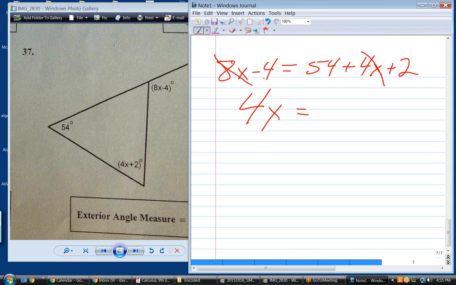So if you're going to get rid of it, you got to add. Same thing with if something's multiplying, you got to divide. If something's dividing, you got to multiply. You always do the inverse or the opposite. So 58 plus 2, 60.